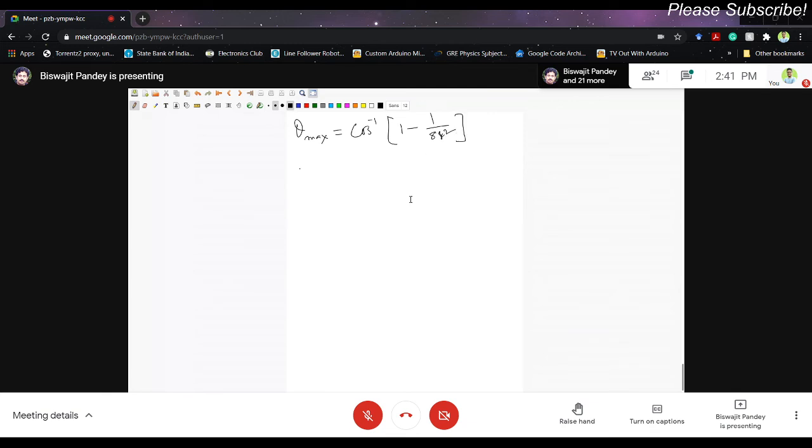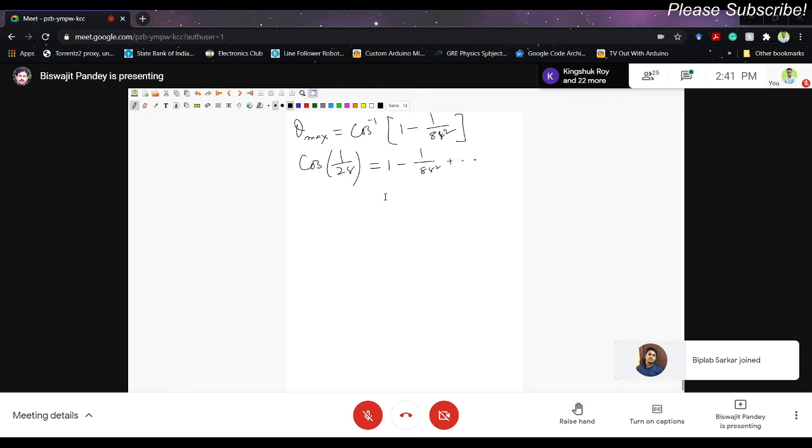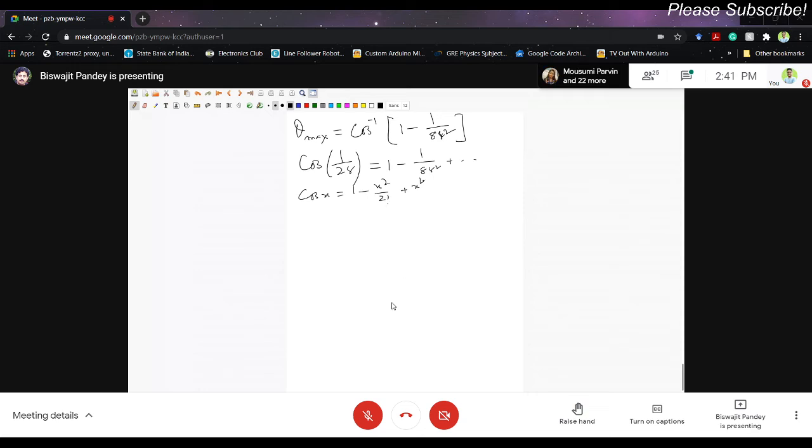Now if you check what is cos of 1 by 2 gamma, you will see that this is equal to 1 minus 1 by 8 gamma square. So what is the cos series? If you remember, cos of x equal to 1 minus x square by factorial 2, and then all the even terms, right? X to the power 4 by factorial 4 minus dot dot dot. So of course the other terms are not there. So this is basically cos of 1 by 2 gamma.